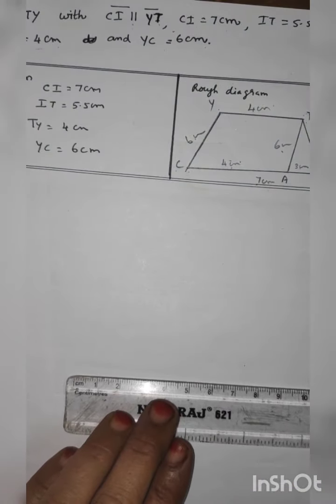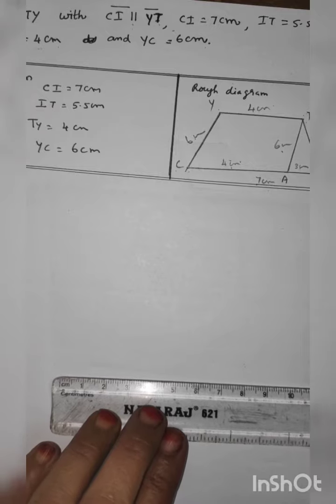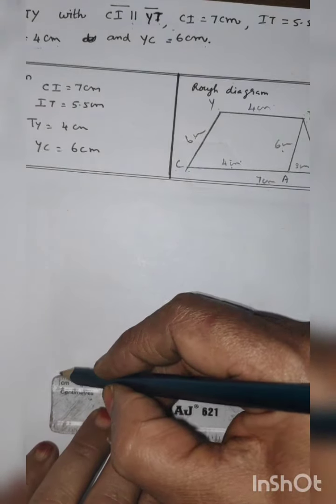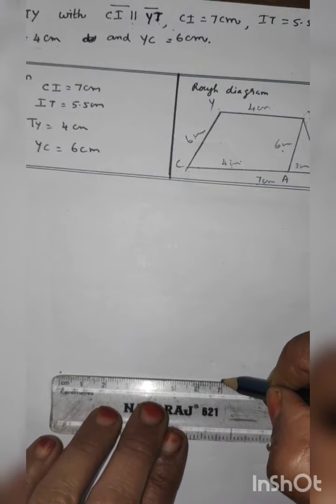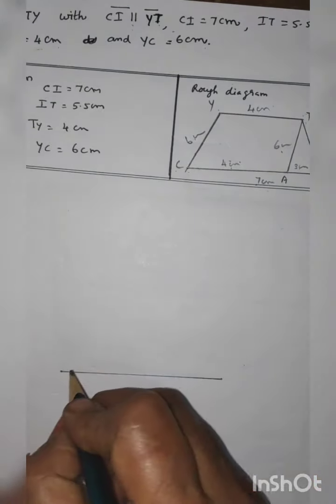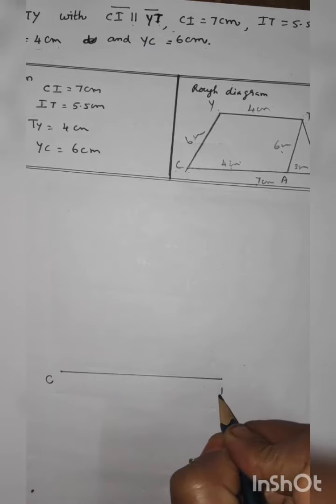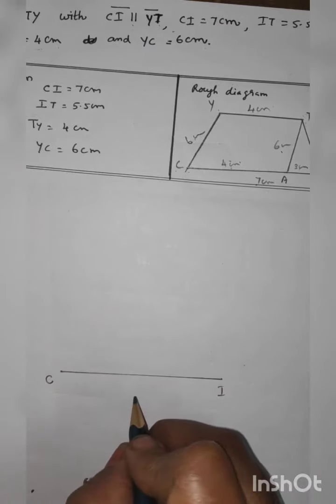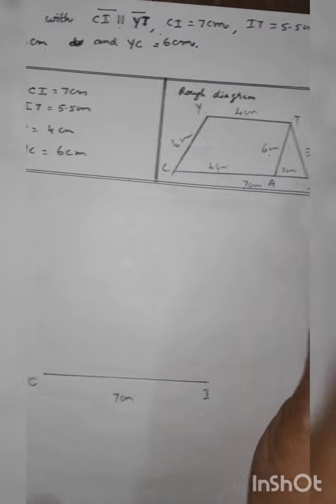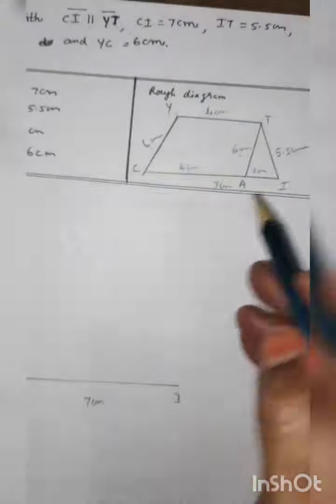First you measure 7 centimeter. Draw the line. Here you write C, here you write I. The first step is to measure 7 centimeters, C and I. CI is 7 centimeter.